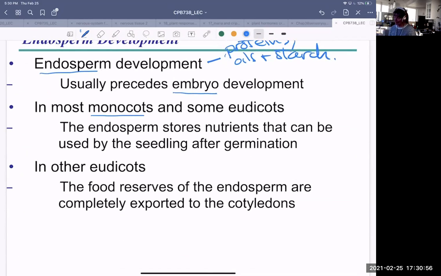So in most monocots and some dicots, often called eudicots now, the endosperm stores nutrients that can be used by the seedling after germination. But in some eudicots, the food of the endosperm is completely exported to the cotyledons.